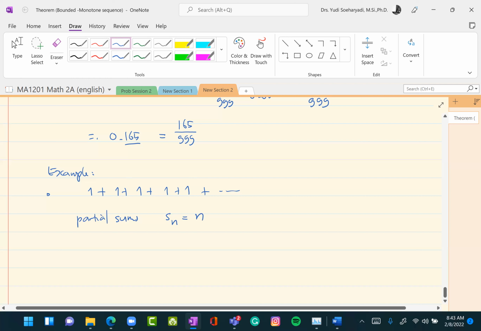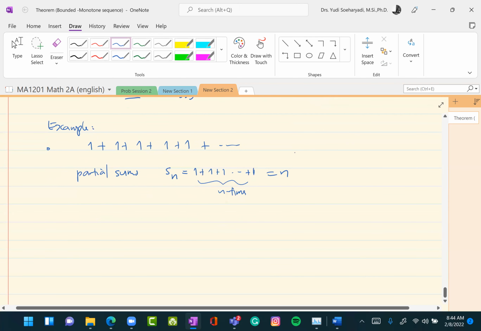So adding, let me write this down, adding 1, n times. So that's just n, all right? So Sn just gets bigger, and it diverges. So the question is, because limit Sn as n goes to infinity is there.